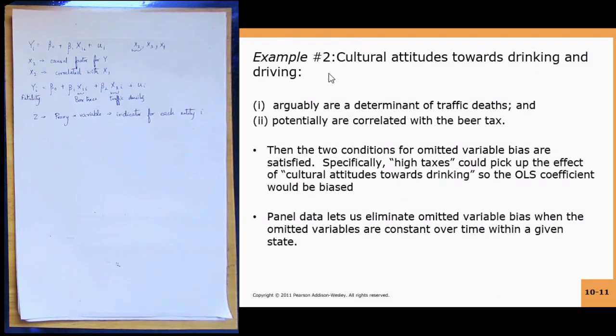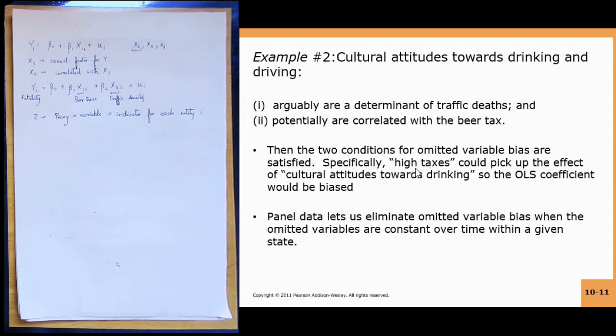Similarly, the second example is cultural attitudes towards drinking and driving. Cultural attitudes are a determinant of traffic deaths. So x3 is a determinant of y, and x3 is probably associated with x1, that is, where people are more lax about drinking and driving, in those states maybe the beer tax is also lower. So the two conditions are satisfied.